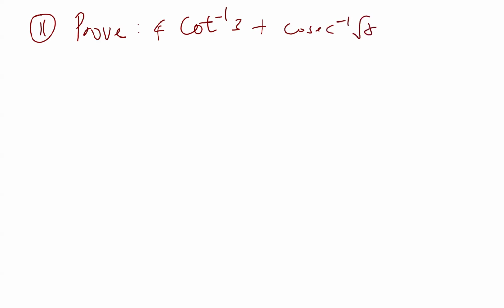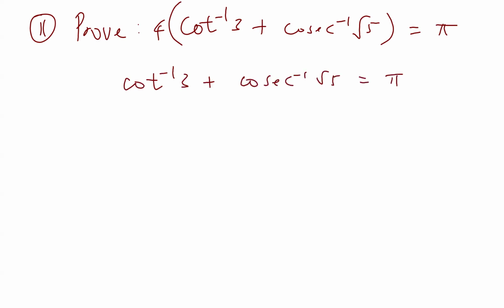Question number 11. Prove 4 times cot inverse 1 by 3 plus cosec inverse root 5 is equal to pi. So I will modify the problem: cot inverse of 3 plus cosec inverse of root 5 is equal to pi by 4.